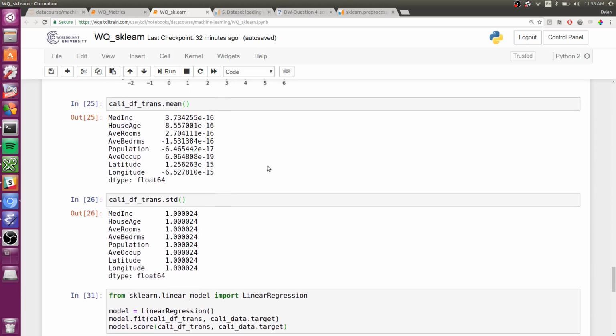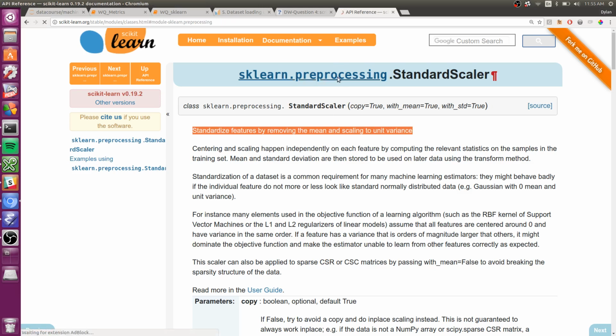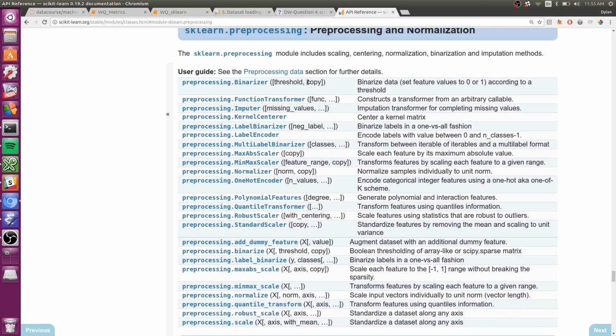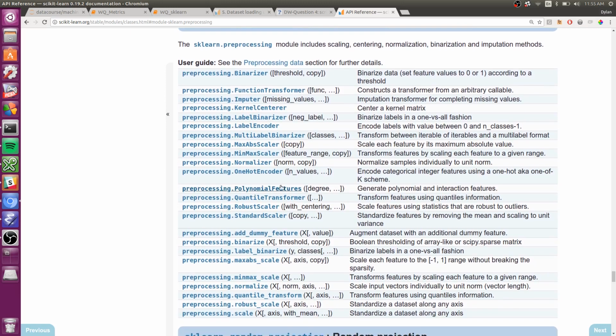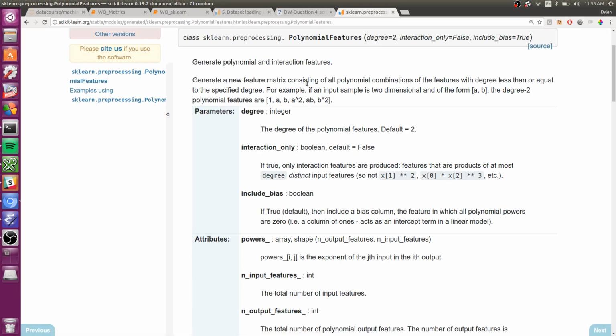So scaling is not the only transformation that we ever want to do. In fact, if you look at preprocessing, there's many other transformers in the preprocessor. There's the polynomial features transformer, which will allow us to fit polynomials to our data.